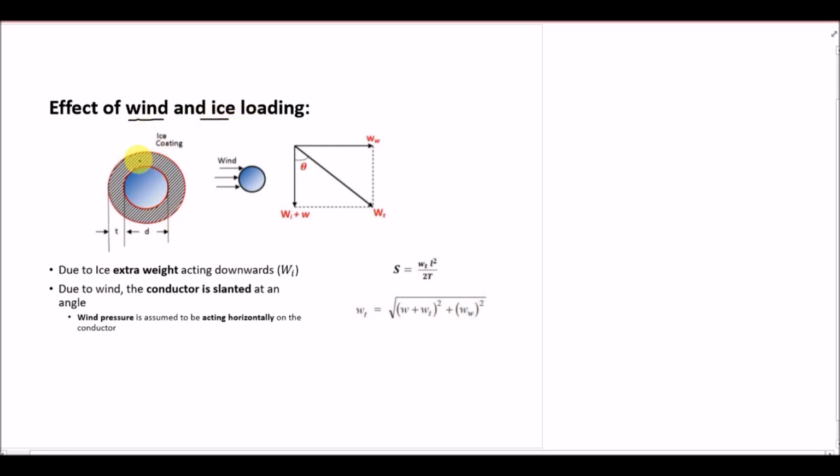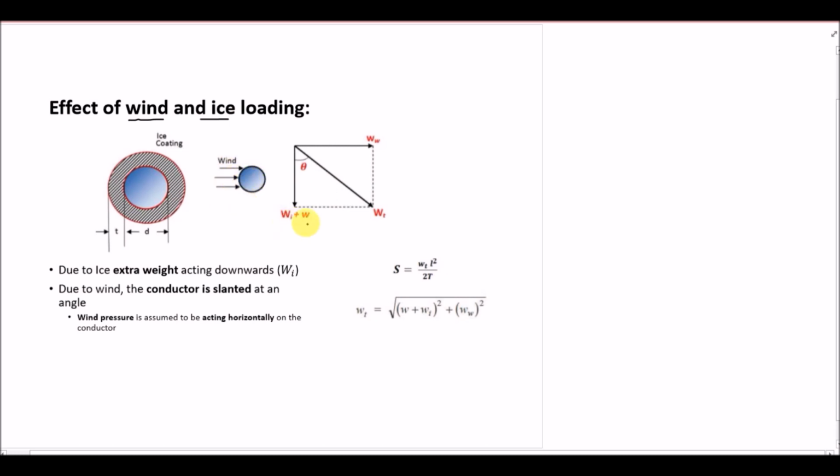So ice will form a coating over the conductor and it will be an extra weight that is added to the conductor, and we also have the wind pressure that is acting on the conductor. Whenever we are assuming the wind pressure, it is considered to be acting horizontally over the conductor.